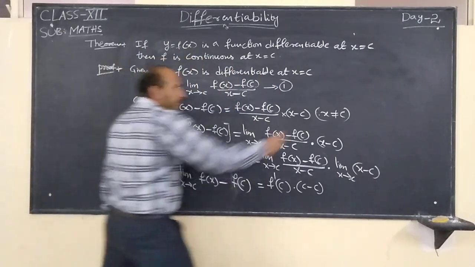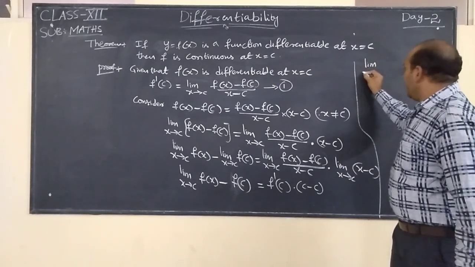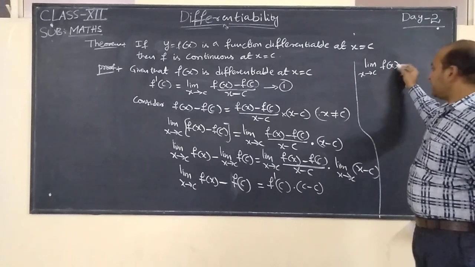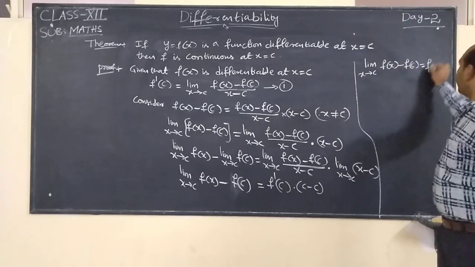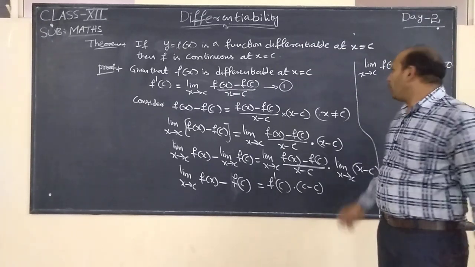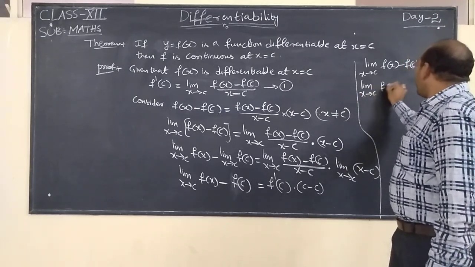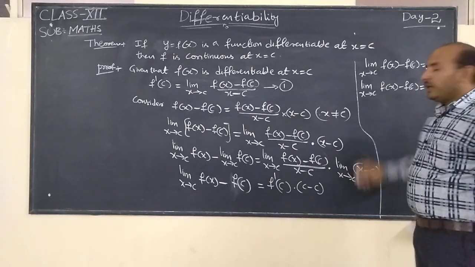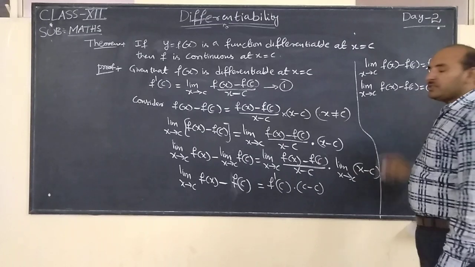So limit x tends to c of f of x minus f of c is equal to f dash of c into 0. Something into 0, the value becomes 0.